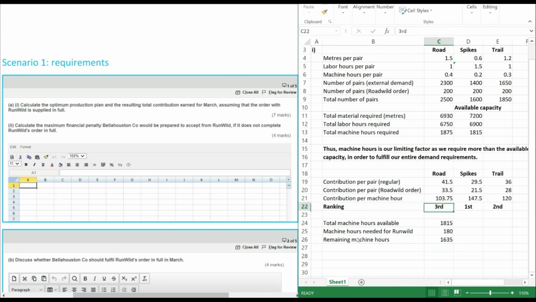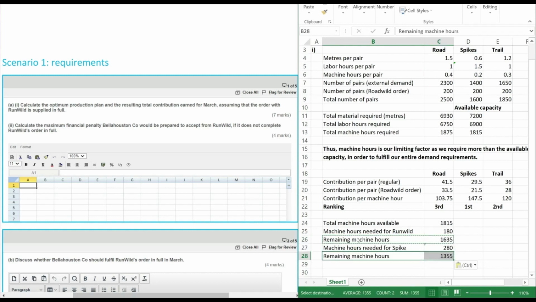After that, we will try to make as many units of spikes as we can. So the total number of units of spikes we can make based on the external demand is 1,400, requiring 0.2 machine hours per pair. So machine hours needed for spikes will be the 1,400 times the 0.2 over here. We can see this is only 280, so we have remaining machine hours.